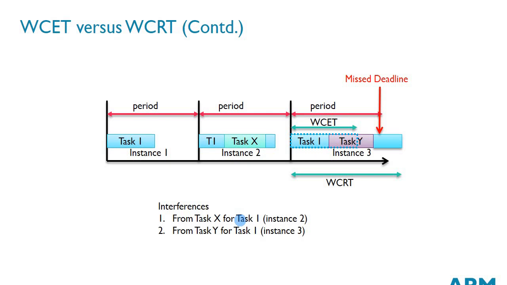As you can see here, if a task that is coming in to preempt my current task is going to run for a significant amount of time, then the task that I'm supposed to be executing will get delayed further, and eventually it could lead to a scenario where I miss the deadline. So the task that comes in to preempt the current task can cause it to miss its deadline. That is an important issue.